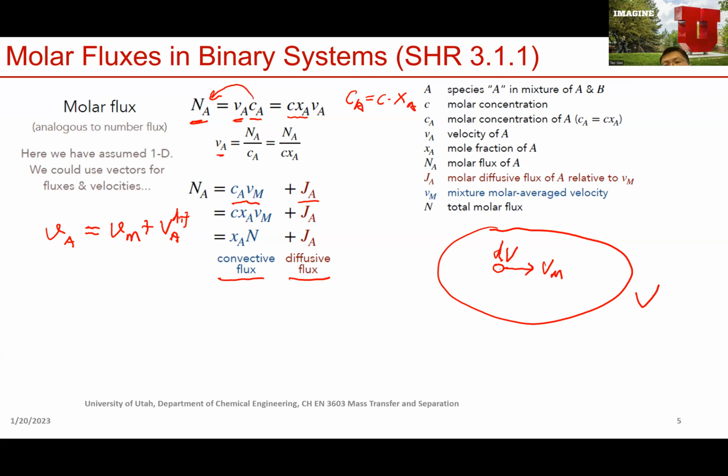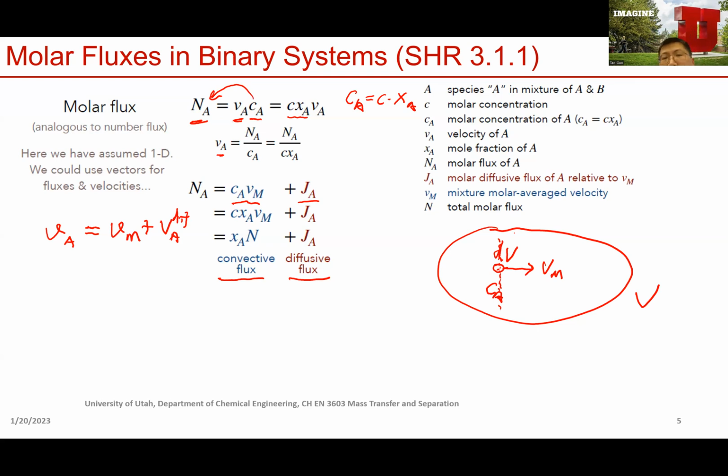And we know at this particular point, the concentration is C, right? And obviously we know that crossing this plane, let me draw an imaginary plane here.